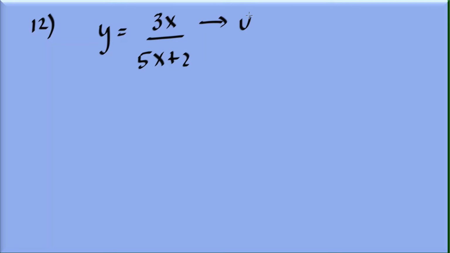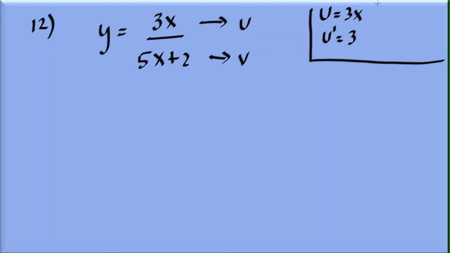Now, what about if we have question number 12, which is 3x over 5x plus 2. Okay, again, our numerator is u, denominator is v. So if u is 3x, u prime is 3, and then if our v is 5x plus 2, our v prime is 5.